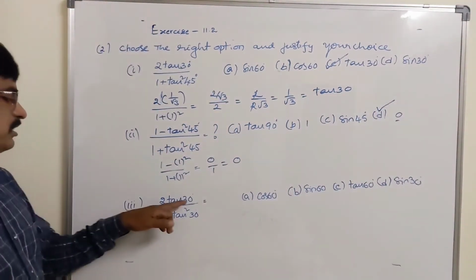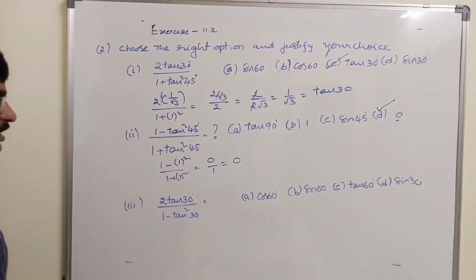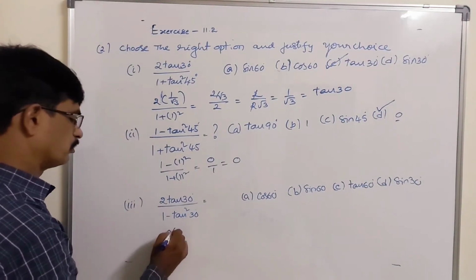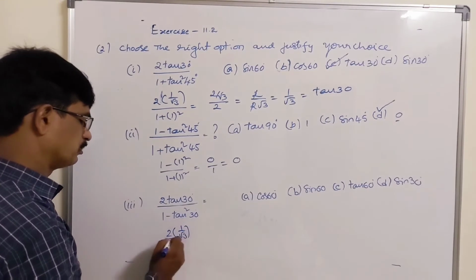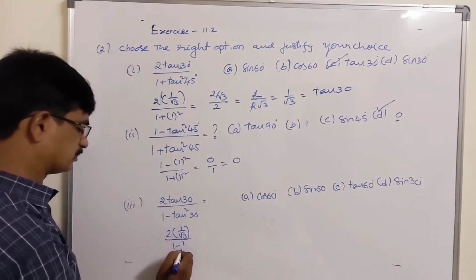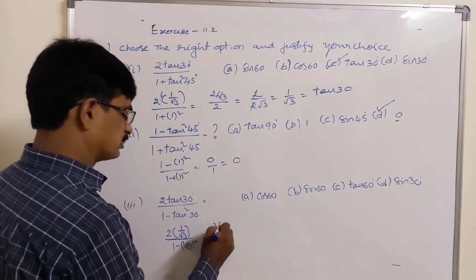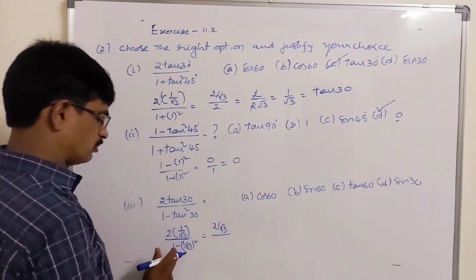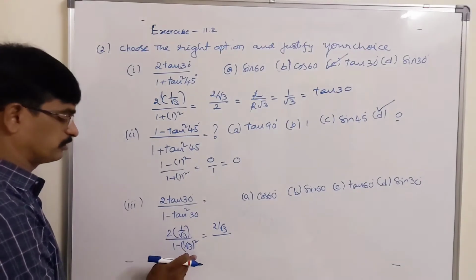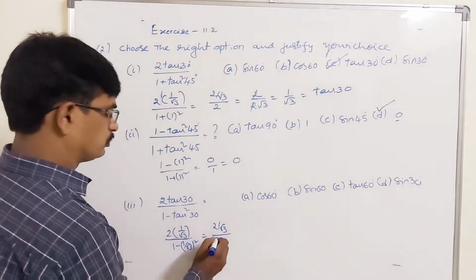Next: 2 tan 30 by 1 minus tan square 30. So 2 into 1 by root 3 by 1 minus 1 by root 3 whole square, that is 2 by root 3 by 1 minus 1 by 3, that is 3 minus 1, 2 by 3.